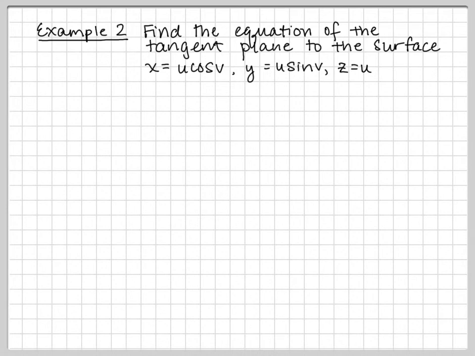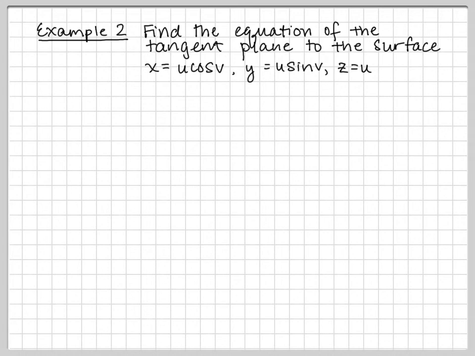All right, let's look at our second example. We want to find the equation of the tangent plane to the surface x equals u cosine v, y equals u sine v, and z equals u. And you may remember from the lecture on parametrized surfaces that we could show that this is the parameterization for a cone, x squared plus y squared equals z squared.